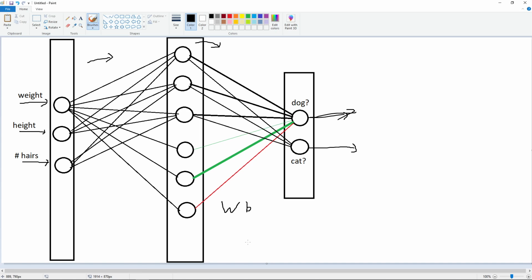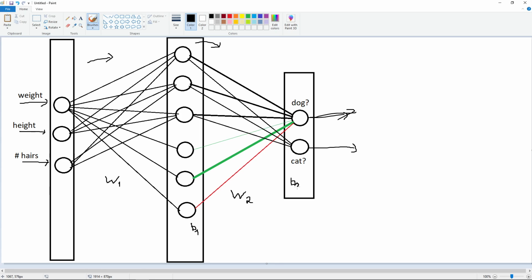Okay? And what this means is that we are going to need a weight matrix here, so let me call it W1, to model all these interactions here. We are going to need a weight matrix here to model all these interactions, let's call it W2, and then we are going to need a bias vector in here, let's call it B1, and then a bias vector here, let's call it B2.